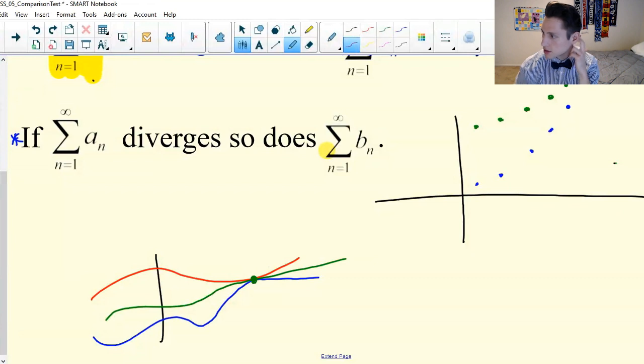So yeah, very similar style of thinking to the squeeze theorem. It's a good connection.